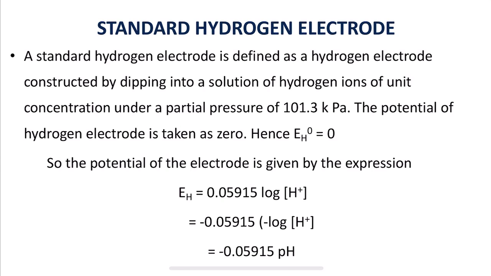So the standard reduction electrode can be represented as H+, which will be in the concentration of 1 molar, and platinum, which is constructed with the help of half a molecule of H2, that is at 1 atmospheric pressure.